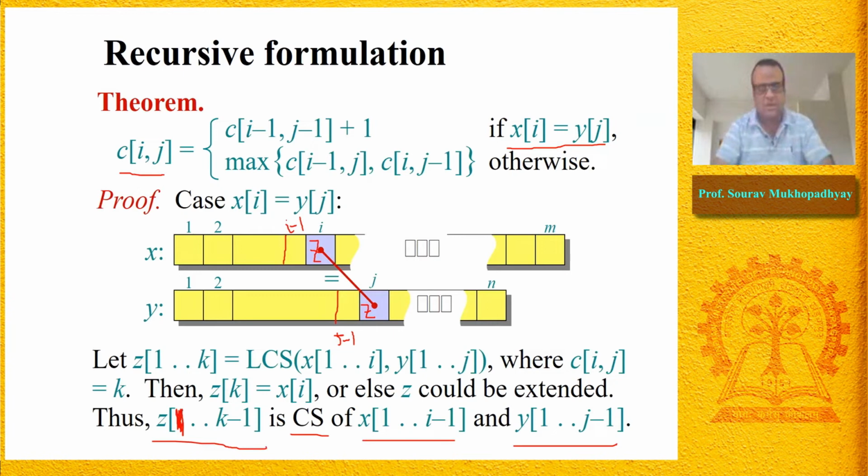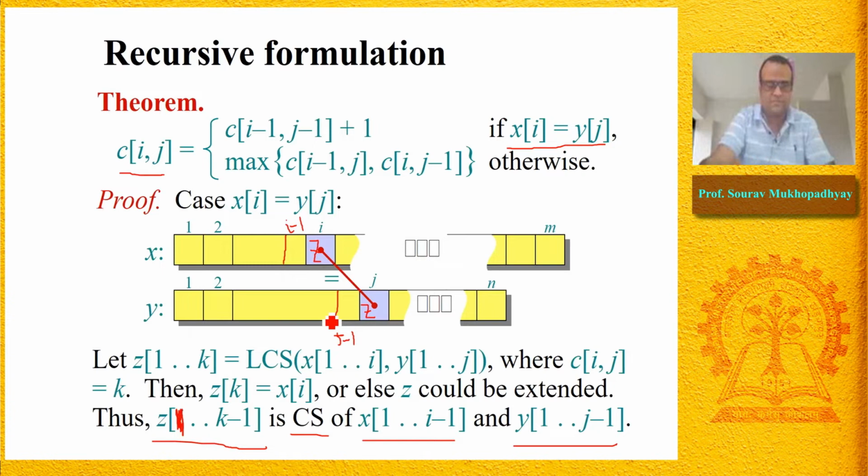You got my argument. We know that z1 to k minus 1 is a common subsequence, because we are just omitting the last value, which is xi, yj. So this has to be a common subsequence of up to this, and also a common subsequence up to this. Now the question is, we want to show that this is the longest common subsequence, not only a common subsequence.